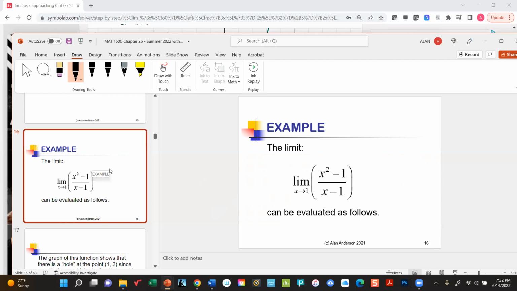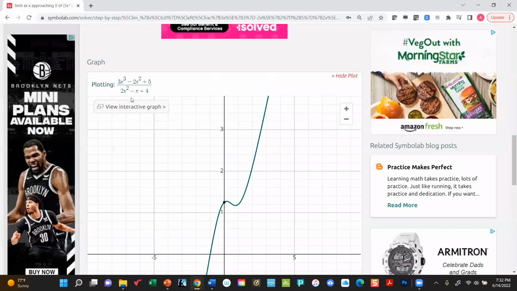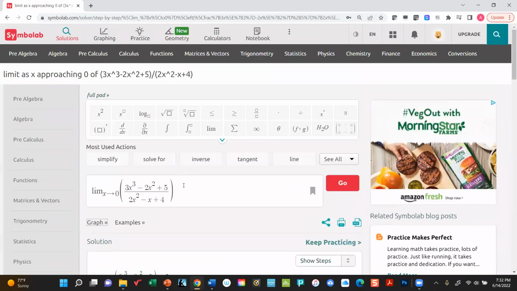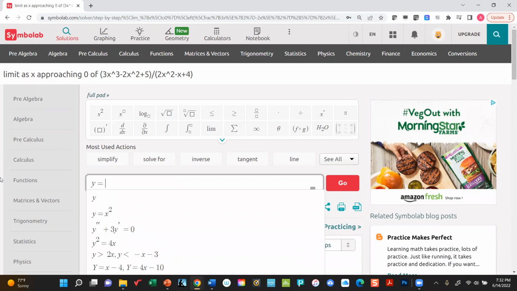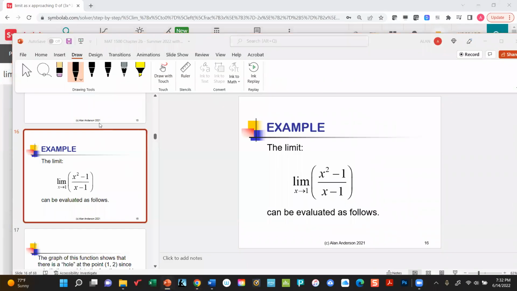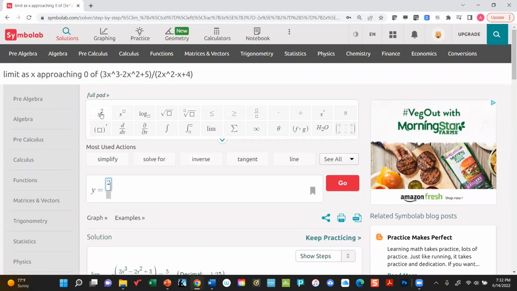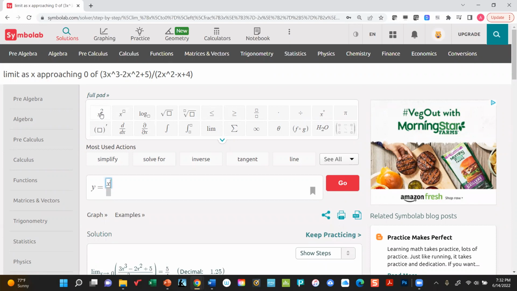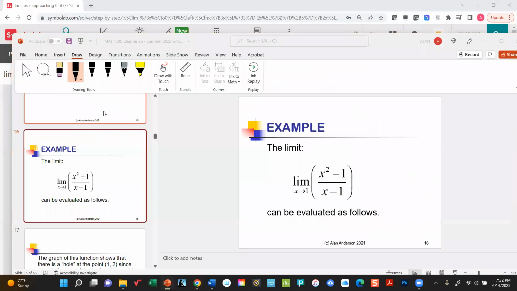By the way, let's take a look at the graph in Symbolab. So it's going to be y equals x squared minus 1 over x minus 1.